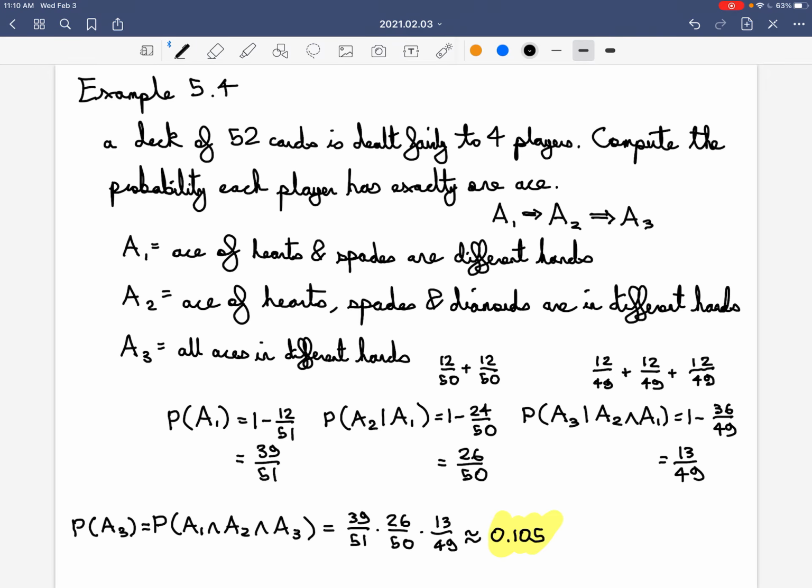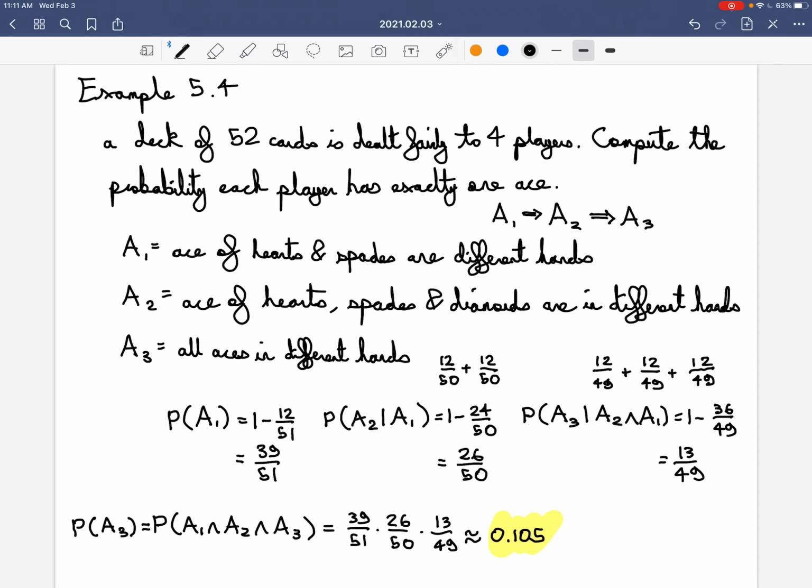The word fairly here means that we have 52 choose 13, 13, 13, 13 outcomes, which are divisions of 52 cards into 4 hands of 13 for 4 different players, and all of those various divisions are equally likely. We're asked to compute the probability that each player has exactly 1 ace.